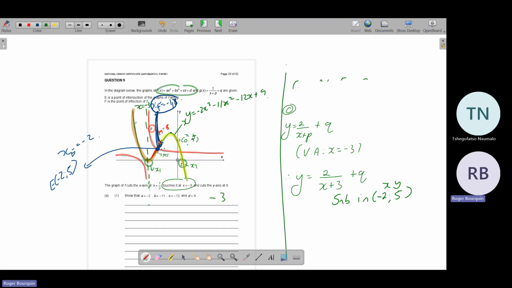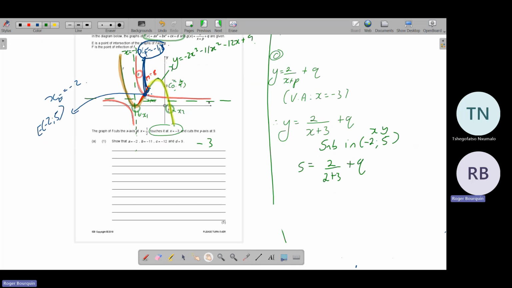And looking at the graph, q should be a positive number. Did you get q is 3? Yes. Okay.